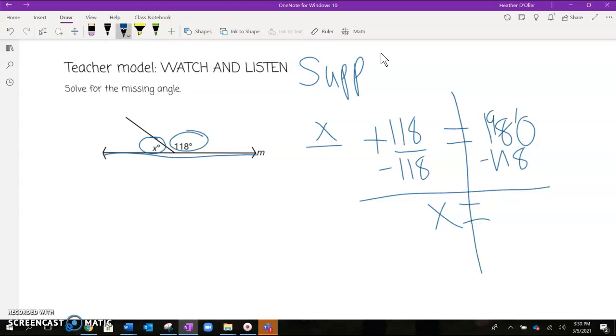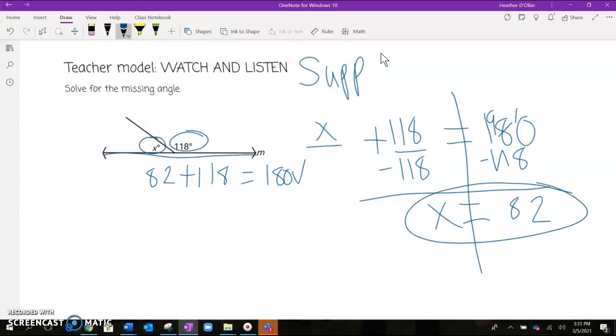That becomes 10. 10 minus 8 is 2. 9 minus 1 is 8. Okay, 82 degrees. And that should mean that 82 plus 118 equal 180. And it is true. So my answer is correct. That first angle is 82 degrees.